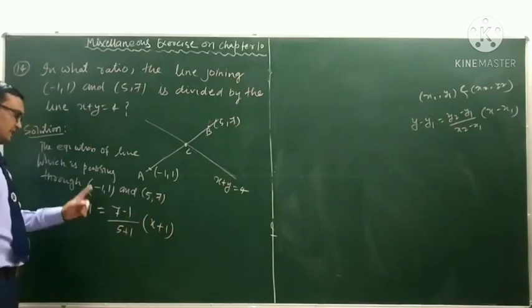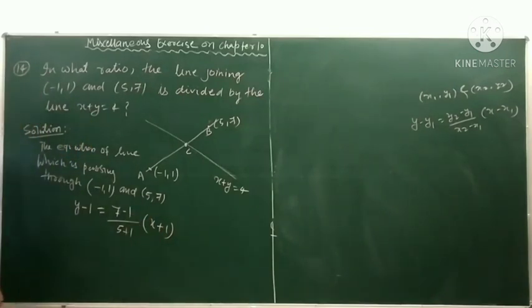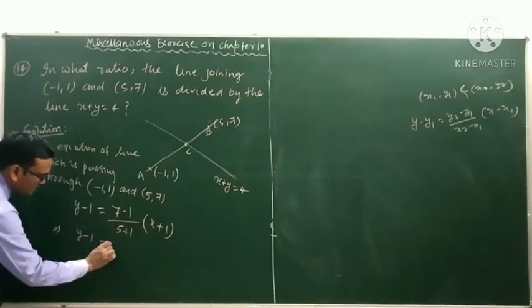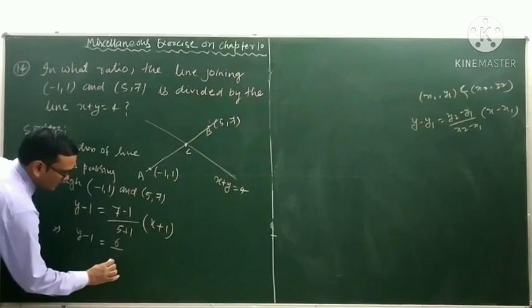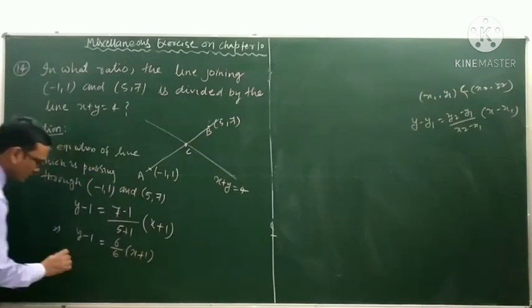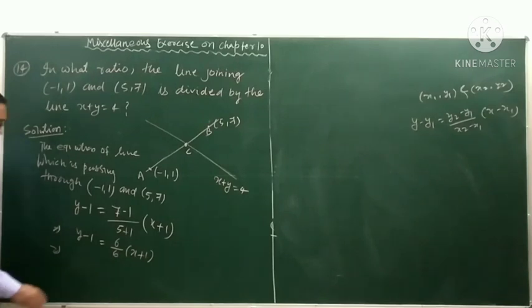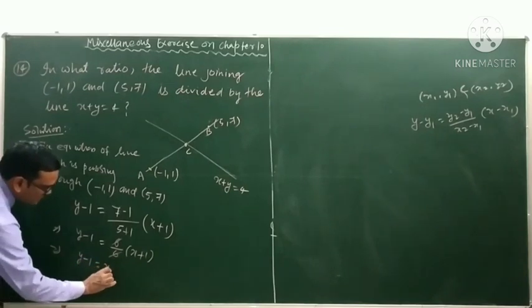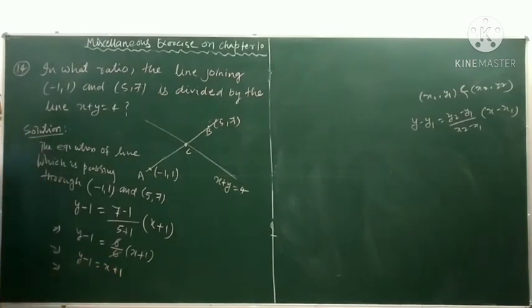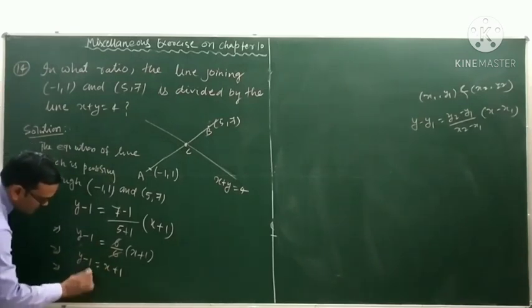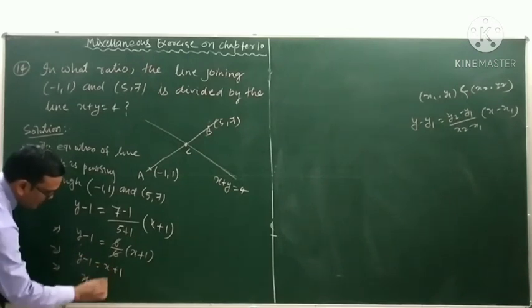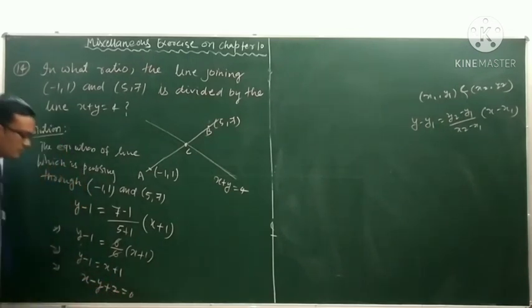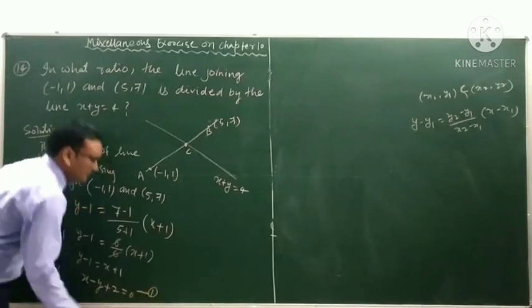The 6 upon 6 cancels, so y minus 1 equals x plus 1. This implies x minus y plus 2 equals 0, which is denoted by 1.